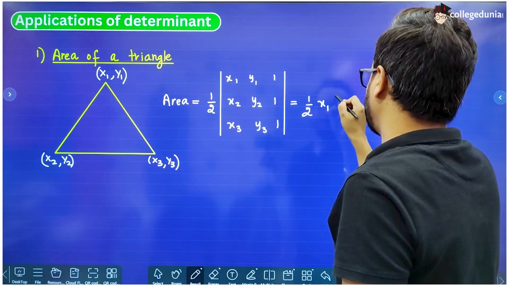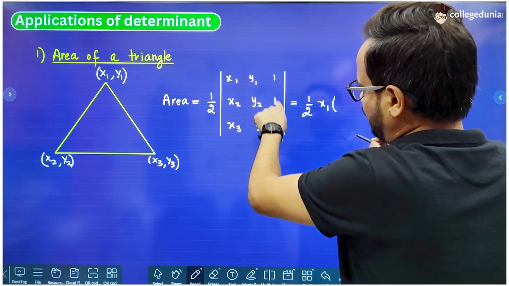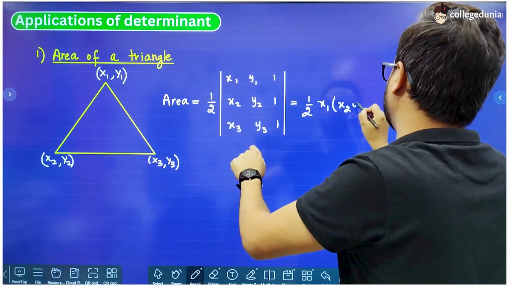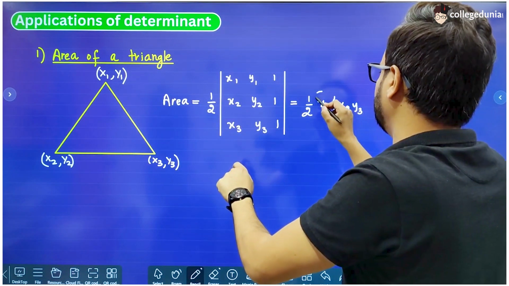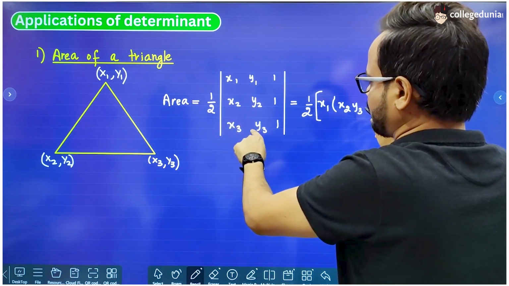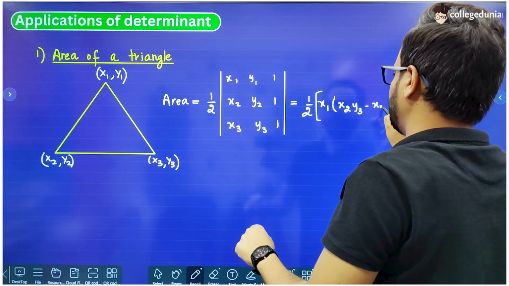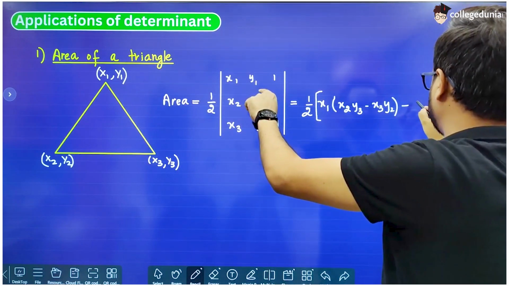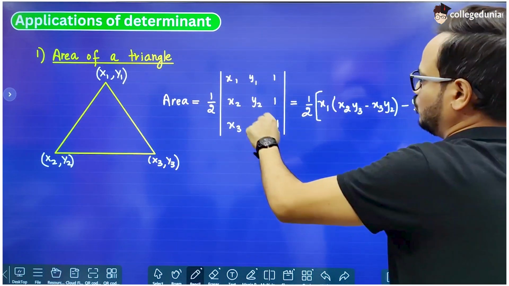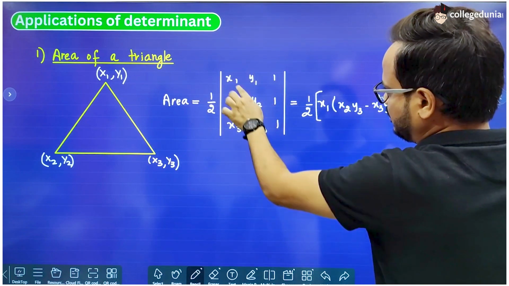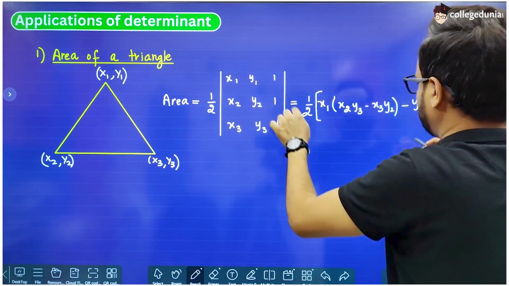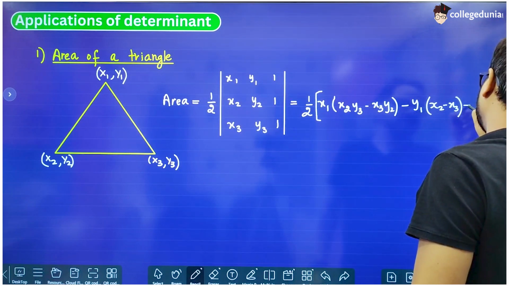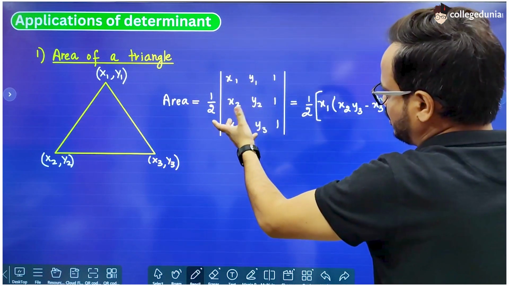x1 into, leave this one, x2 y3 minus x3 y2, and this one is taken negative, so y1 into, leave this and this, x2 minus x3, and third one is taken as positive, which is 1.